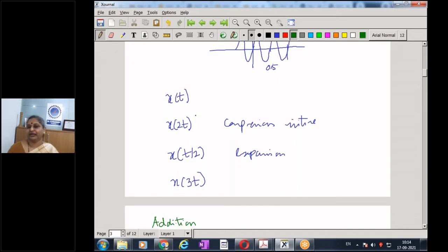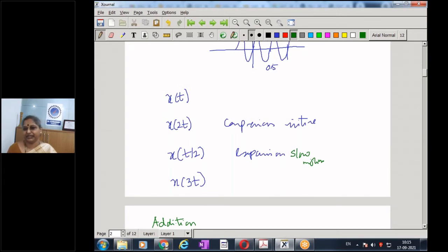For example, say you're watching a cricket match with a live telecast, and later on they play the same thing very slowly. That is expansion in time, which is equivalent to slow motion. When can we expand and watch? If I have recorded it.